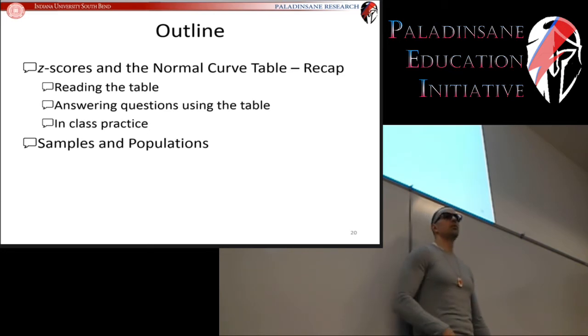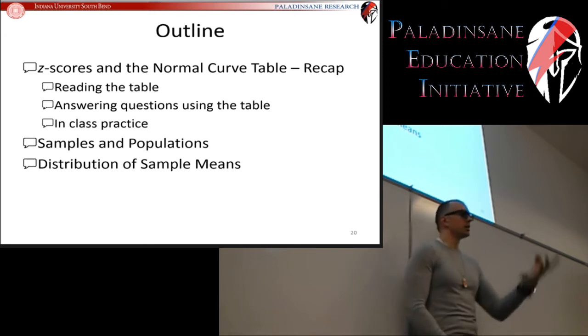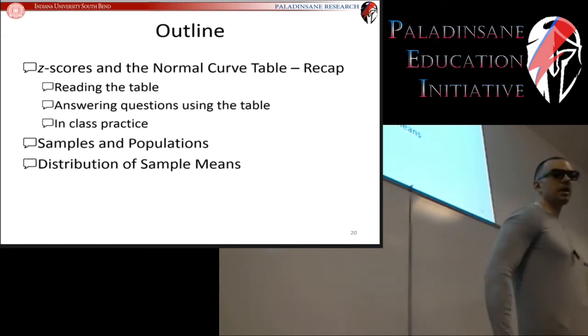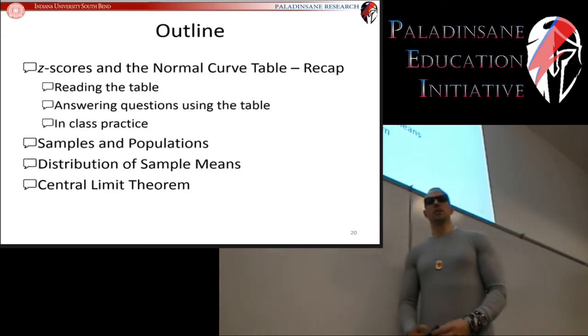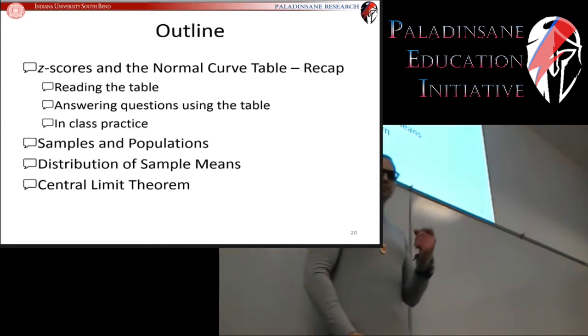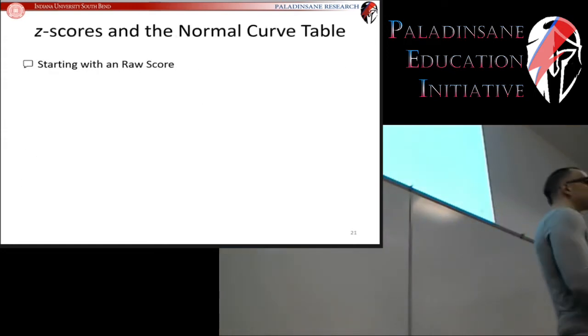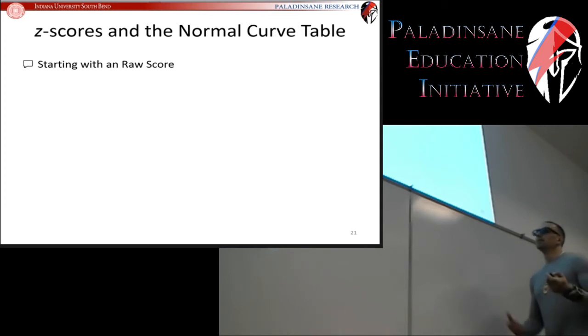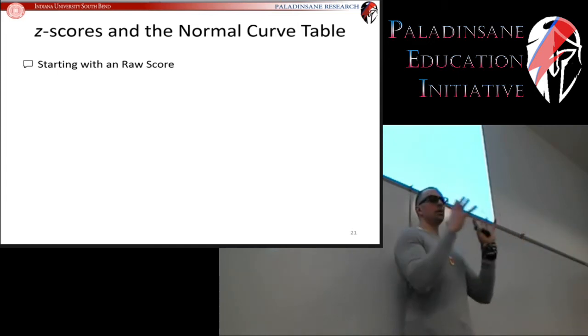Dealing with a sample and dealing with a population are going to be two very different things, and we need to start thinking about that. We're going to introduce the idea of the distribution of sample means, and then we'll talk about the central limit theorem.